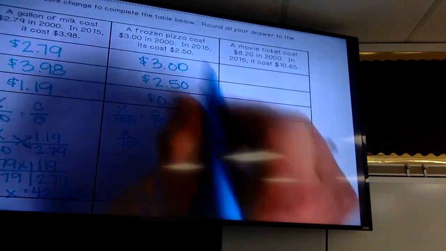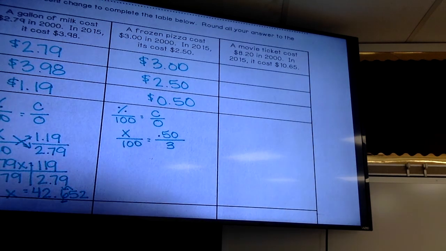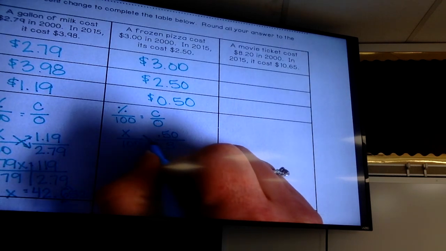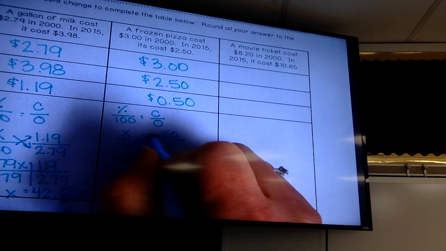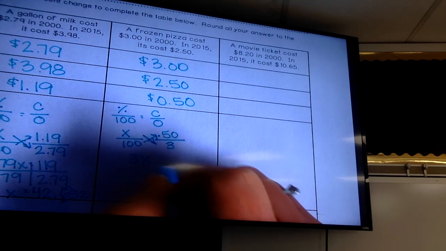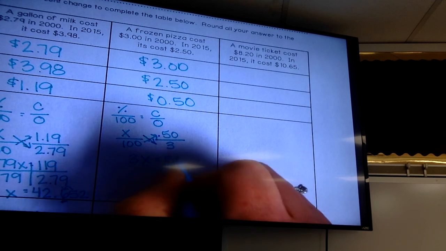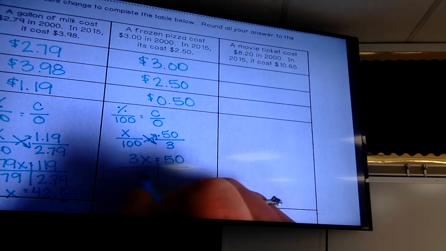And I know the original price of the pizza was $3. I'm just going to write a whole number 3. Let's use our cross multiplication. 3 times X is 3X, and 100 times 0.5 would be 50. And I'm going to divide by 3.